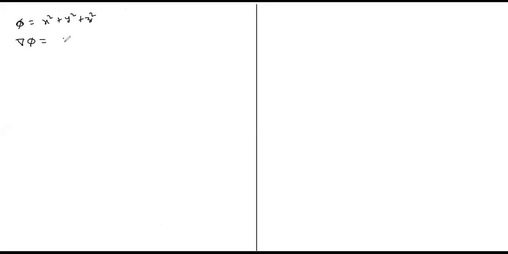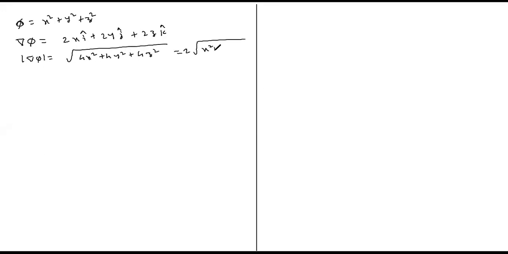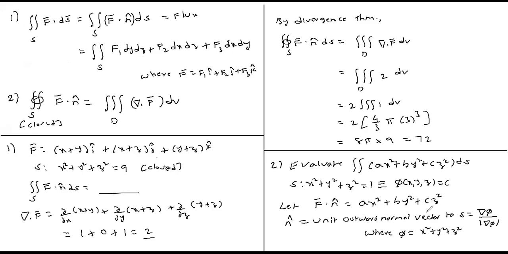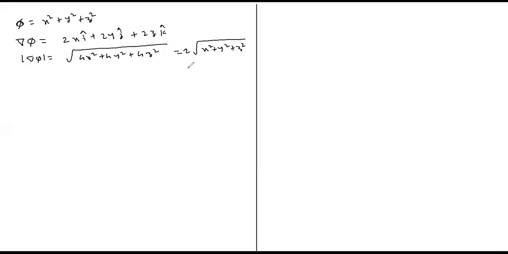So del phi is 2x i bar plus 2y j bar plus 2z k bar, and modulus of del phi is under root of 4x square plus 4y square plus 4z square. So this is 2 times under root of x square plus y square plus z square, which is 1, because the value of x square plus y square plus z square is 1. So this is 2 into root 1, which is equal to 2.